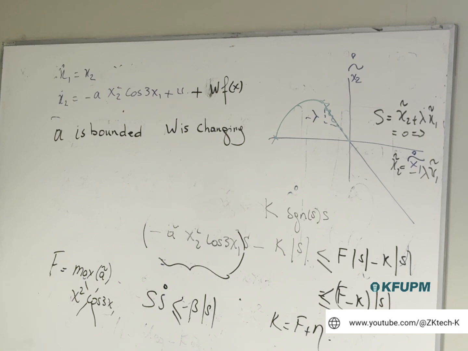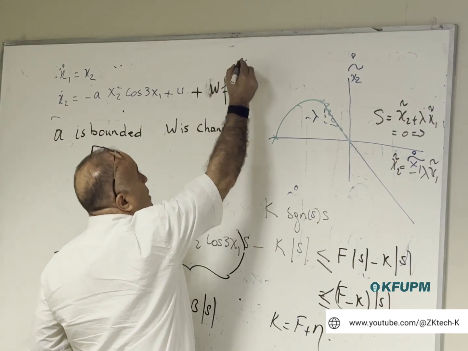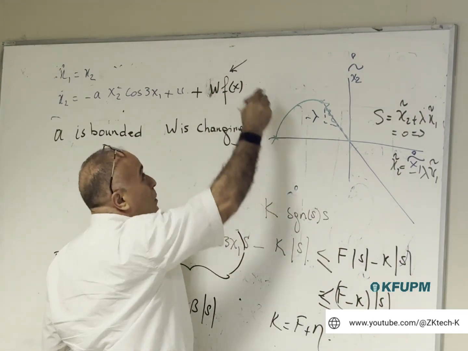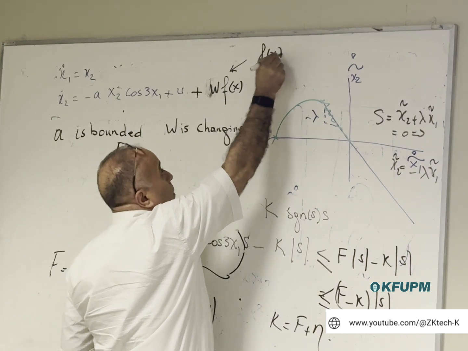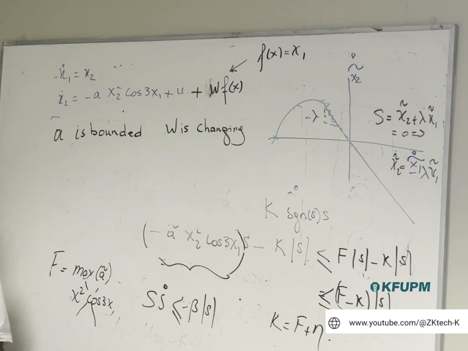W is what in this? It's dynamic. F of x is known. For example, in my simulation there, I used f of x equal to x1, theta. It's known. I know that. W is unknown, but W is changing. So what should I do? Adapt.